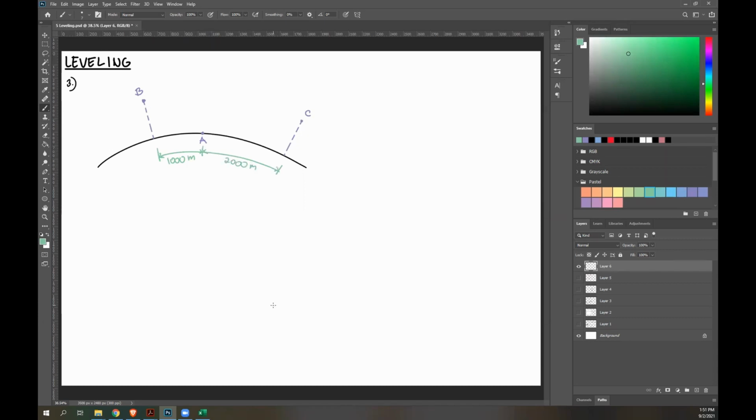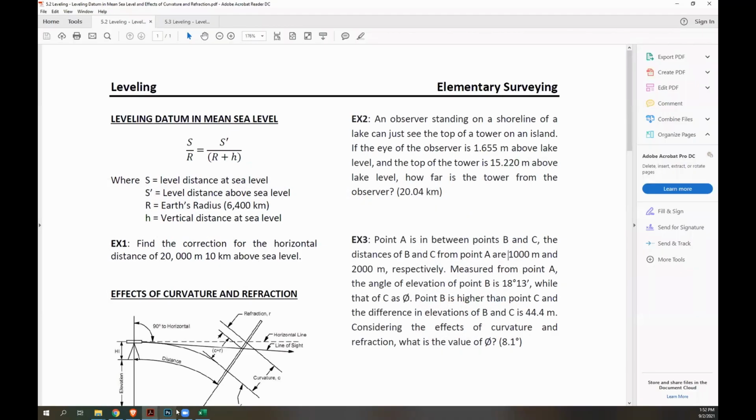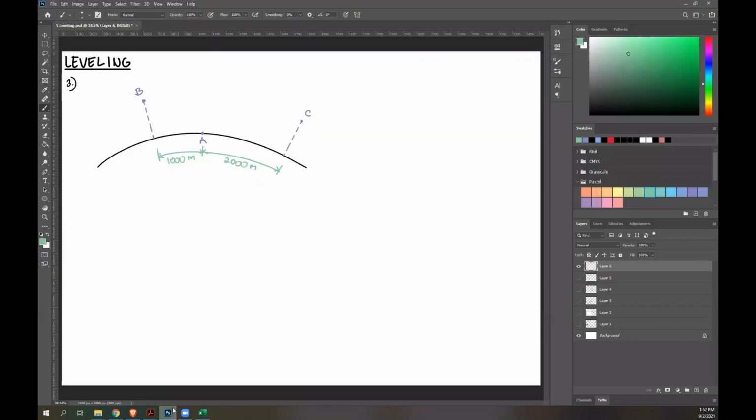What else is given? Measured from point A, the angle of elevation of B is 18 degrees 13 minutes. So that would be this. But it's not from this curved line. That angle of elevation is from a horizontal line.